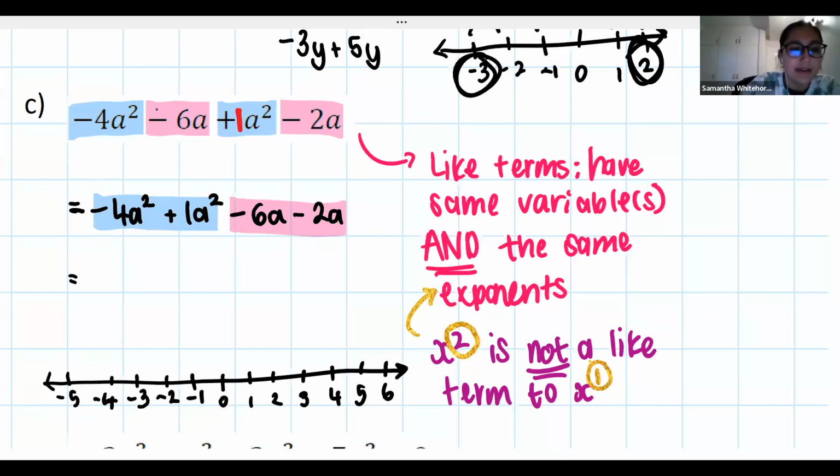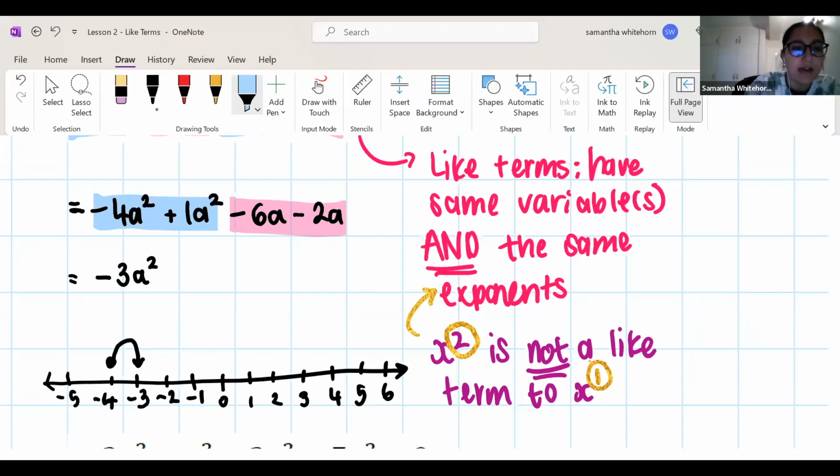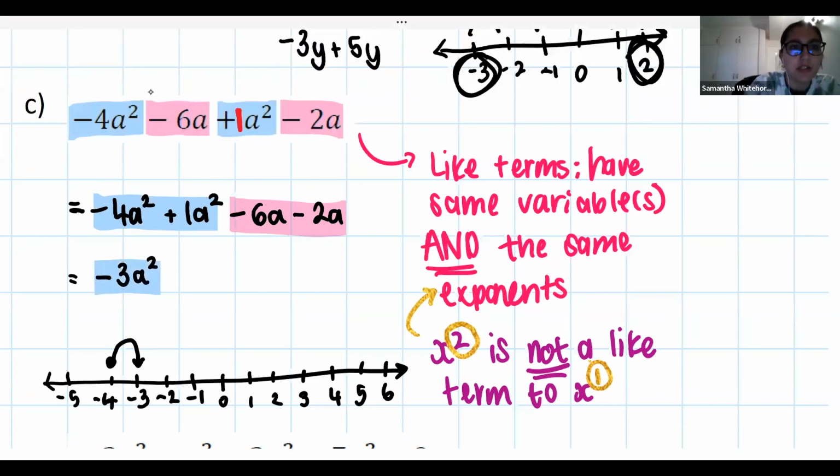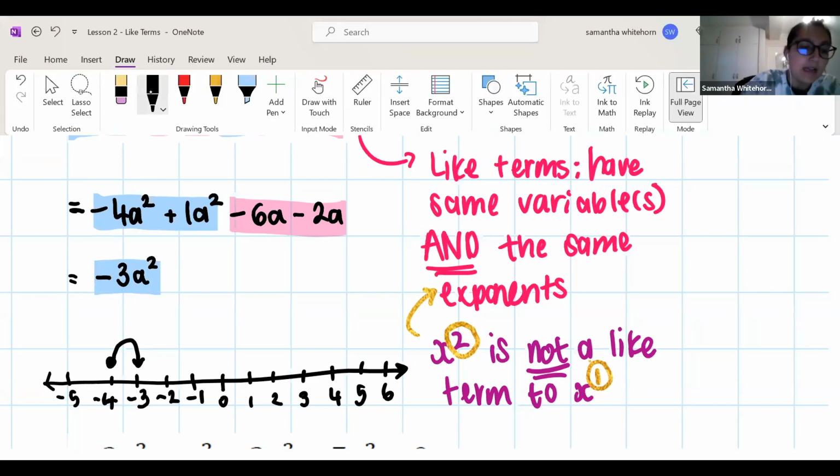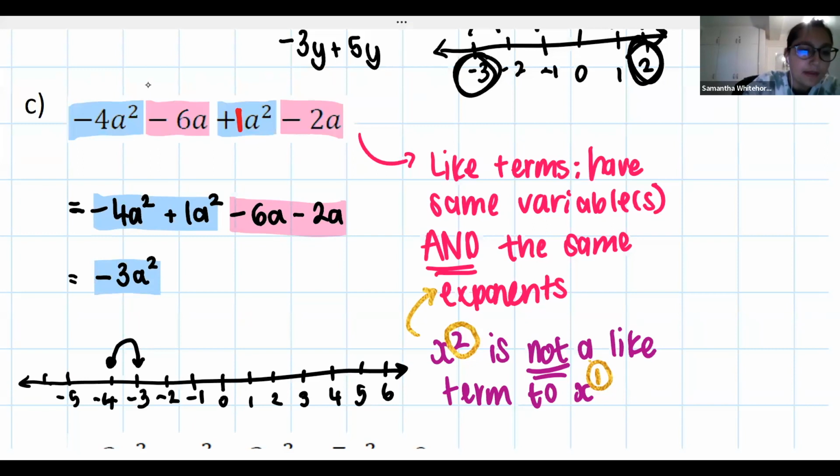Right, so we have got negative 4A. So here I am with my negative 4A squared. I'm adding 1. So I'm moving up my number line 1 place now to negative 3A squared. So I've added those two together to simplify it to one term. I have got, if I just make my number line a bit longer here, I then have the minus 6A, and I want to subtract 2A.